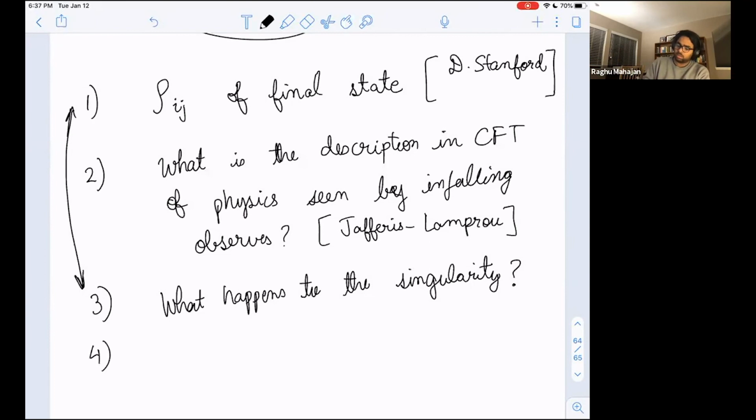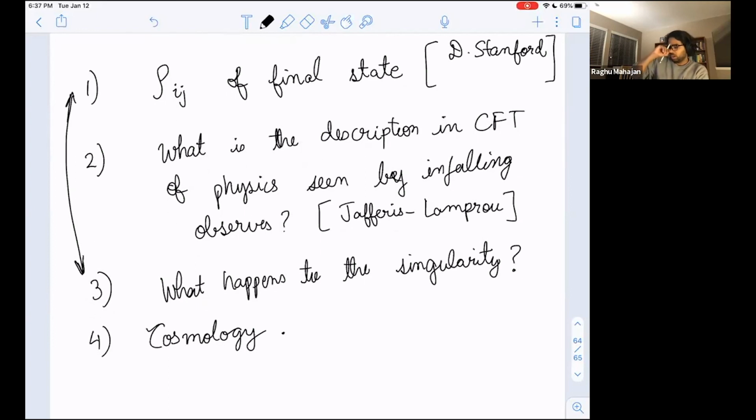And of course, there are some questions about what these islands or quantum extremal surfaces imply for cosmology. Now we know that black hole entropy really is some microscopic counting of some states. And this quantum extremal surface formula really enforces the purity of states, the fact that the entropy of a system is equal to that of its complement and so on. Does the de Sitter entropy have similar meaning?